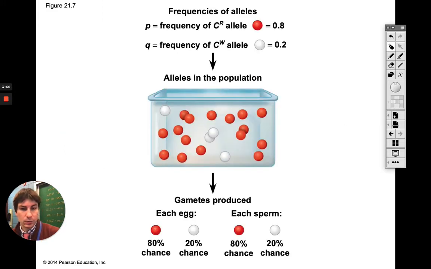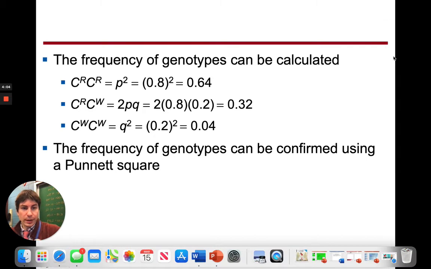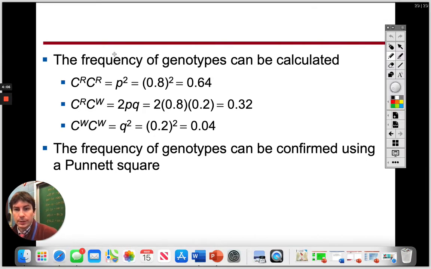Okay, so I'm going to skip these ones, guys, because this was the example we went over last time with the P's and the Q's. We can use those P's and Q's, put them into P squared, 2PQ, and Q squared in order to determine what our genotype frequency is. So our P squared number, these are our homozygous dominant individuals.